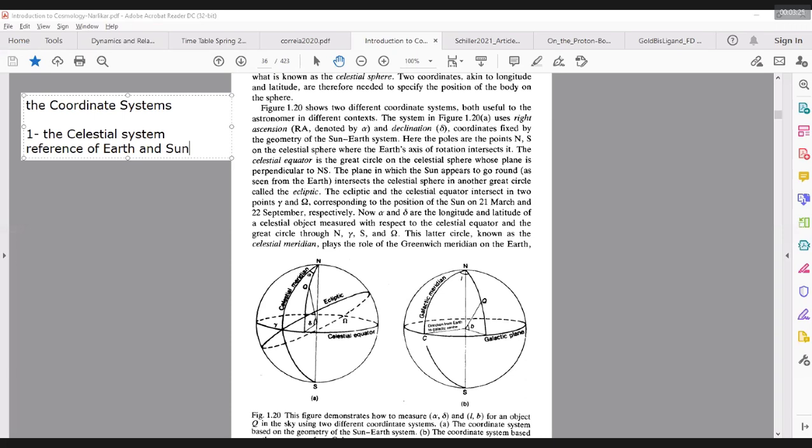You think of Earth as the center of a sphere. For example, here. And you imagine a big sphere about it.